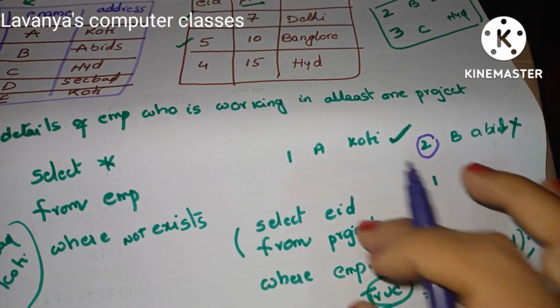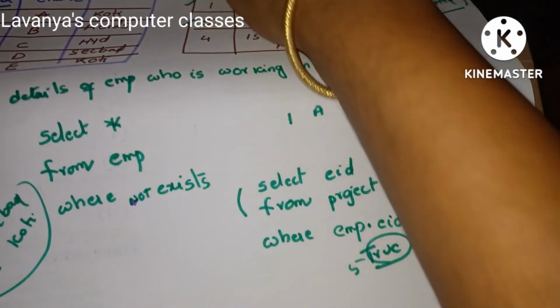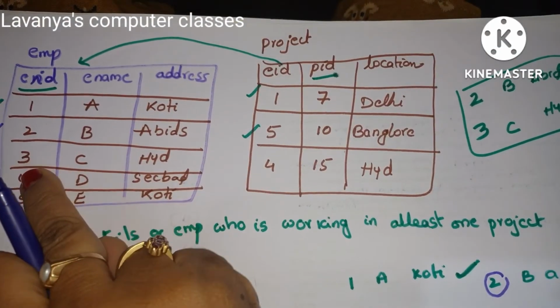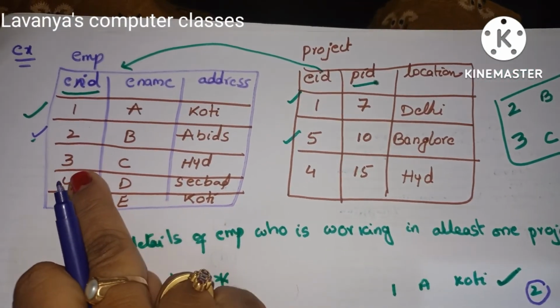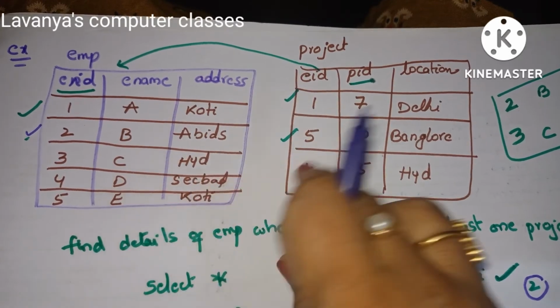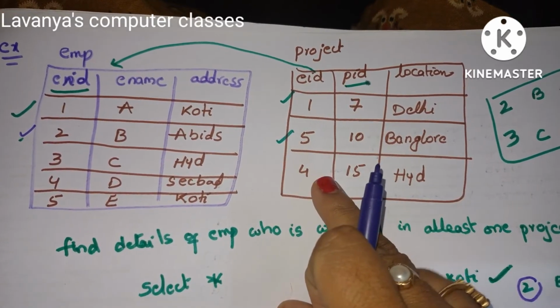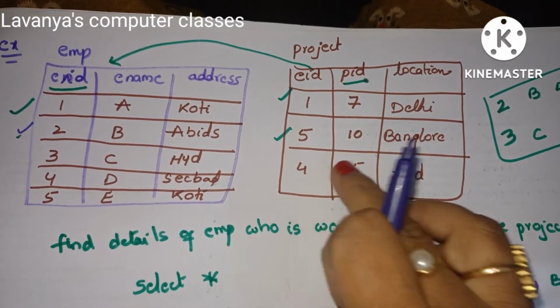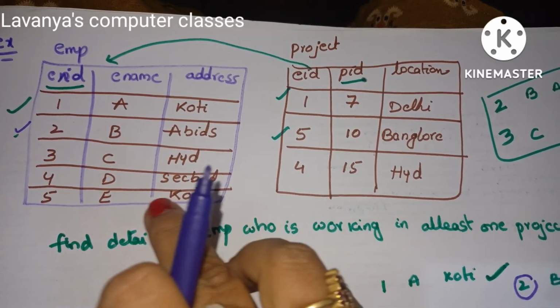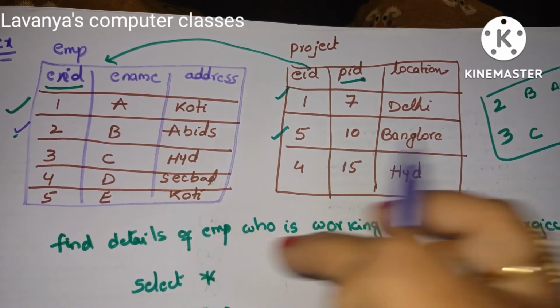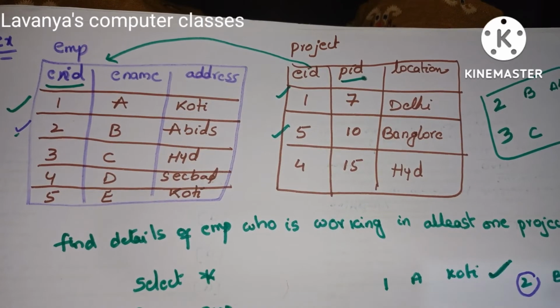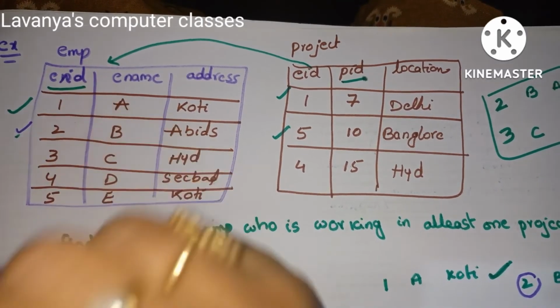Whenever it gives false, it does not exist. Now go for the third record, 3 C Hyderabad. Is 3 available or not? No, so it gives false. Whenever the outer query value and the inner query value are not matched, 3 is also not displayed on the screen.